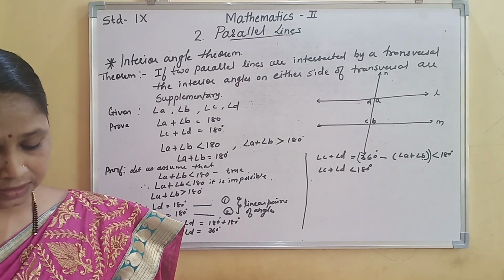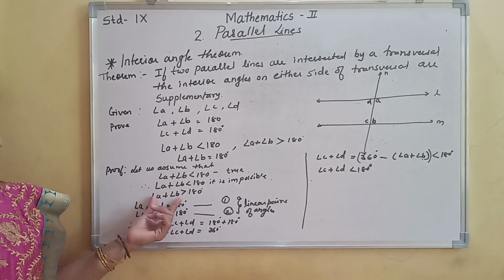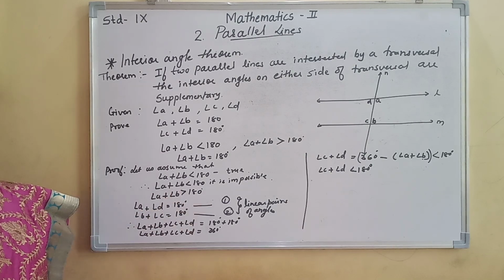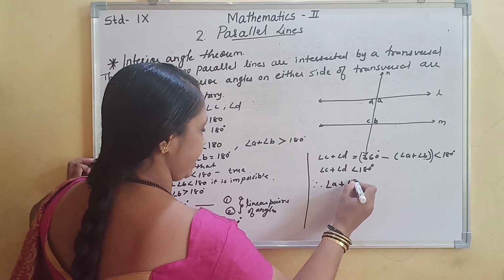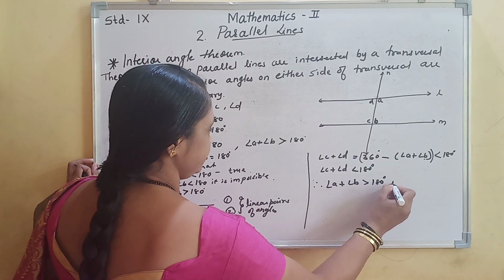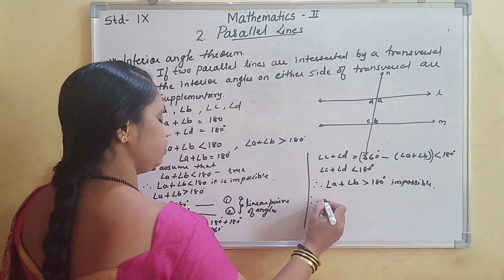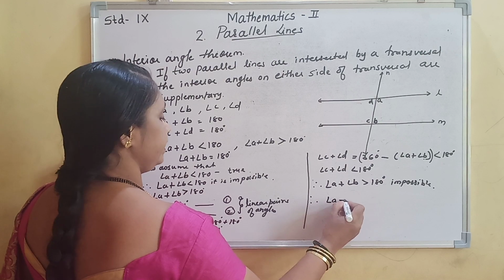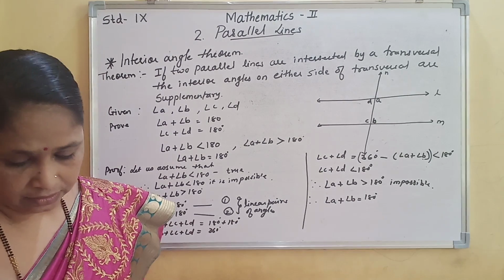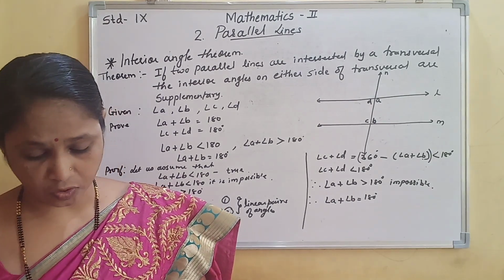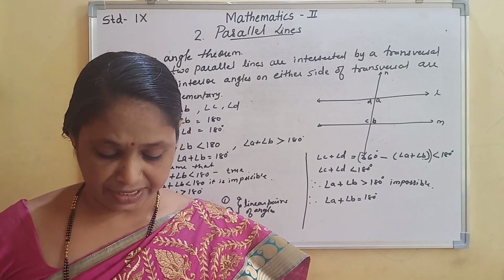Therefore angle A plus angle B greater than 180 degrees is an impossible condition. Now therefore angle A plus angle B is equal to 180 degrees. Same way, we will have angle C plus angle D also equal to 180 degrees.